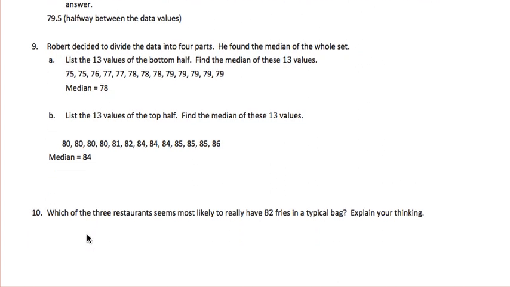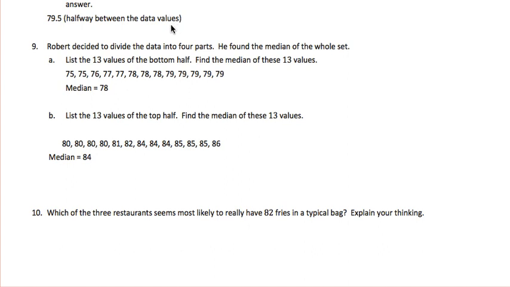Which of the three restaurants seems most likely to really have 82 fries in a typical bag? Well, restaurant B seems to have the most bags closest to 82. Restaurant A goes from 87.5 to 75 fries, so there's a pretty big gap there.